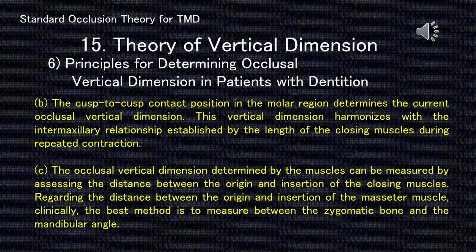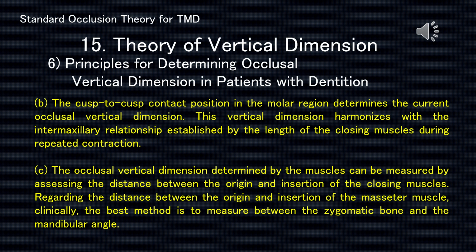B. The cusp-to-cusp contact position in the molar region determines the current occlusal vertical dimension. This vertical dimension harmonizes with the intermaxillary relationship established by the length of the closing muscles during repeated contraction.